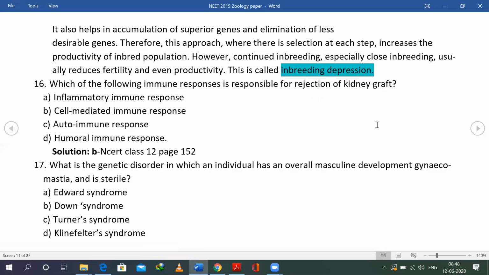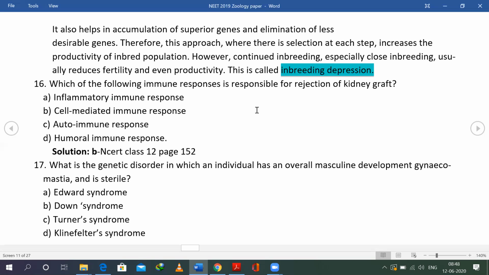By mating with the animals of the same breed, but from a group where there is no inbreeding for at least 4 to 6 generations. Then the depression can be avoided. So please go through this lesson in your NCERT book. I haven't included the entire page because that will be insufficient for this question.